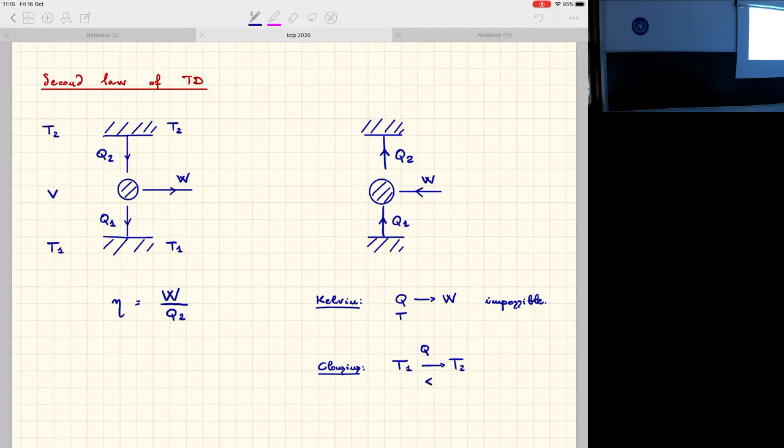This transformation is impossible. Now notice one thing. It's important to keep in mind this word: only. In both statements, a transformation whose only effect is the transfer of heat from a colder reservoir to a warmer reservoir is impossible.